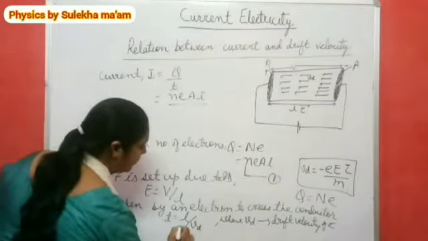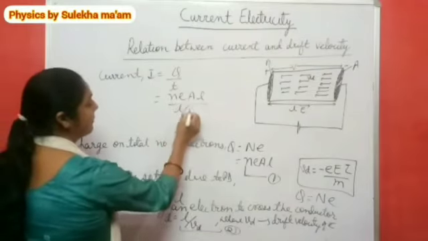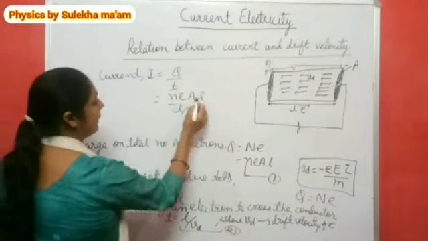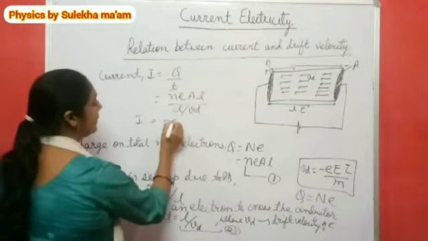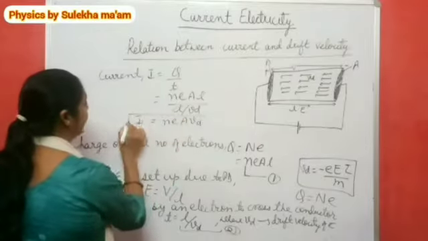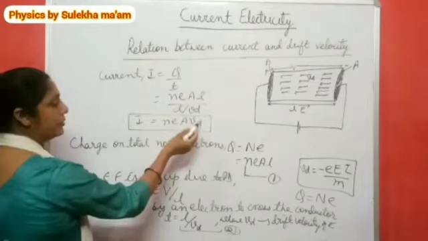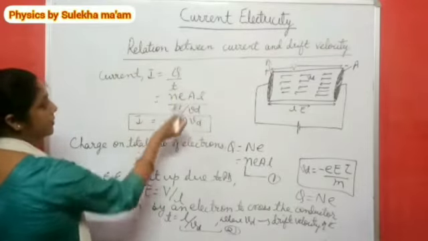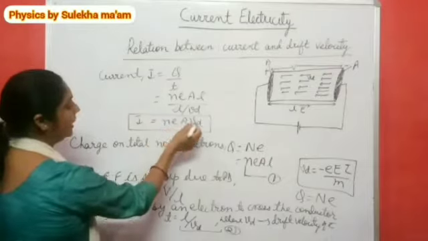This is equation number 2. Time equal to L by Vd. You cancel L. This becomes I equal to NEAVd. This is the formula for current in terms of velocity, or you can say the relation between current and drift velocity is I equal to NEAVd.